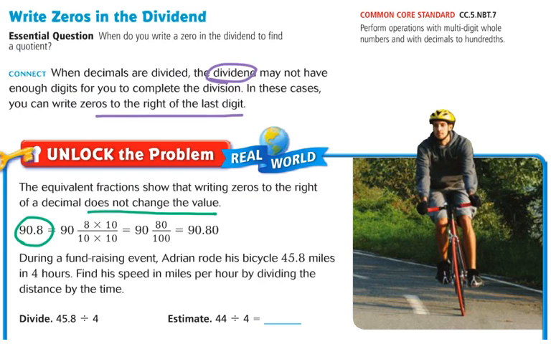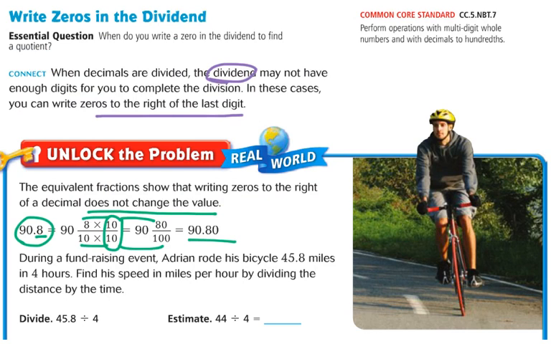If we multiply 10 over 10, we get 8 times 10 equals 80, and 10 times 10 is equal to 100. So we have 90 and 80 hundredths, which is the same as 90 and 8 tenths. It's like saying, boys and girls, $90.80 or $90.8, it's the same amount.